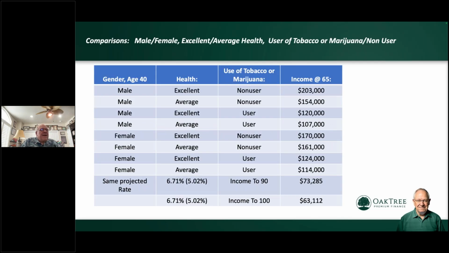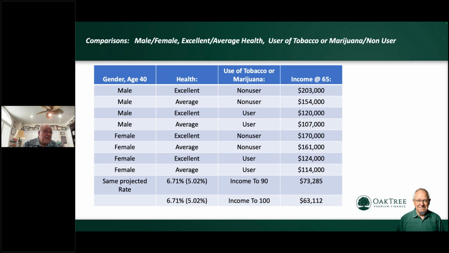Now, I wanted to give you some numbers in case you aren't in excellent health at age 40, a non-user of tobacco or marijuana. They've added that. So if you're average health at age 40, non-user, then this illustration would have been 154,000. Okay, less. Male, if you're excellent and a user of tobacco, it'd have been 120.